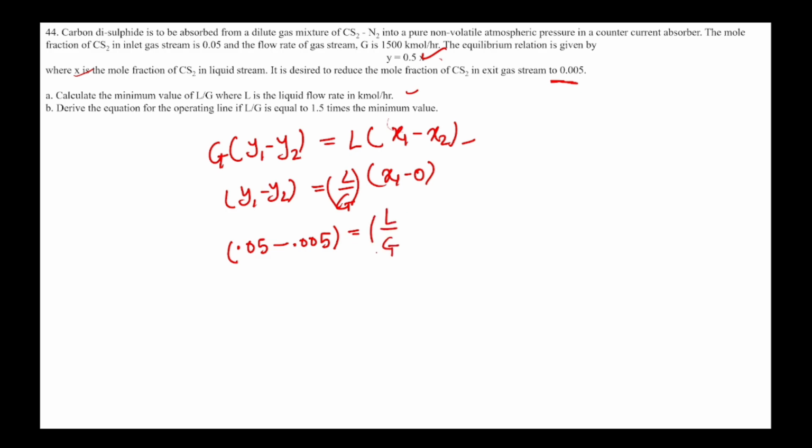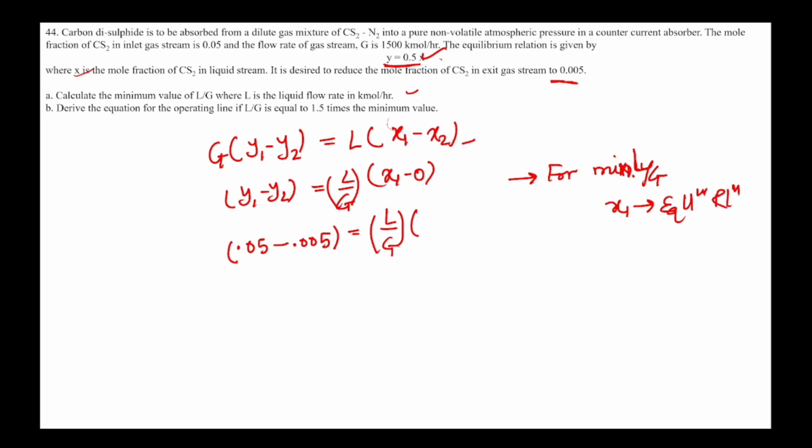Now x1, for the minimum liquid to gas ratio, always comes from the equilibrium relation. Write it down. For minimum liquid to gas ratio, x1 always comes from the equilibrium relation.